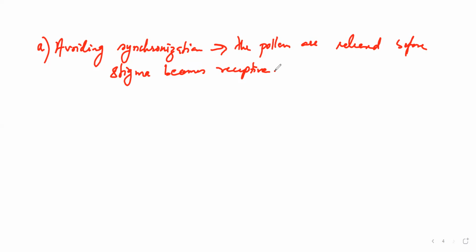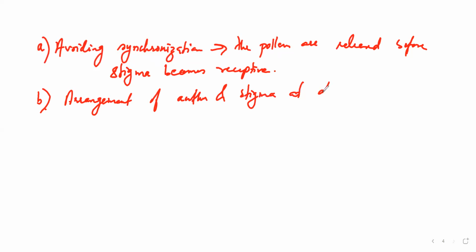That is, the stigma becomes receptive before the release of the pollen. Anyhow, you can write it. The second one is, whatever the position of anther and stigma is, that should differ. So, arrangement of anther and stigma at different positions.